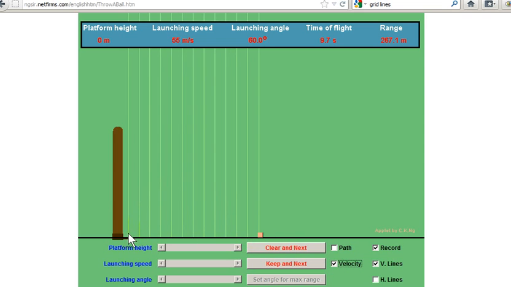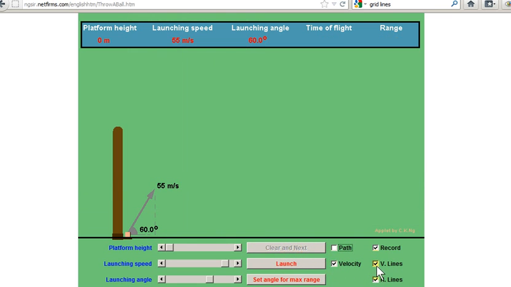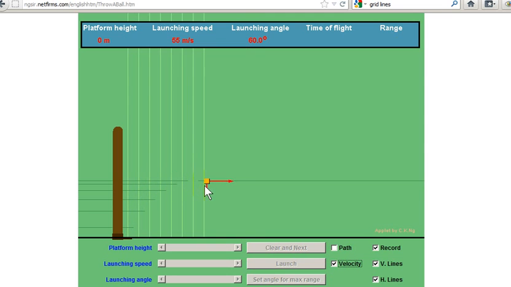So the time taken for the particle to go from here to here is the same as it does from here to here, and from here to here, and so on. It sweeps out equal distances in equal times in the horizontal direction, but not in the vertical direction. We can show what happens in the vertical direction. Now, these horizontal lines are not equally spaced because Vy is changing.